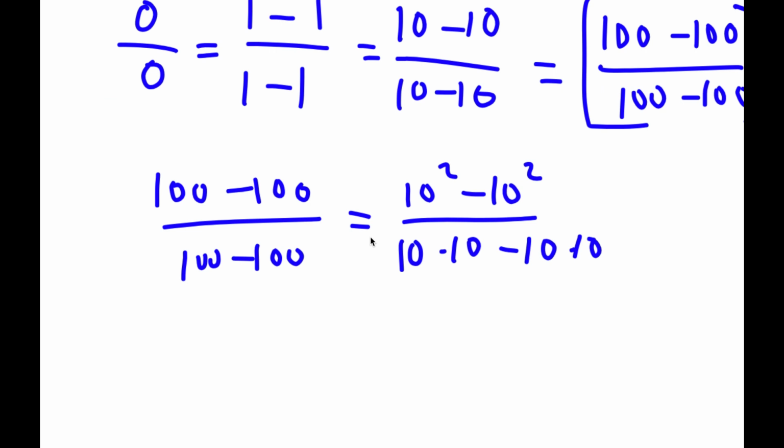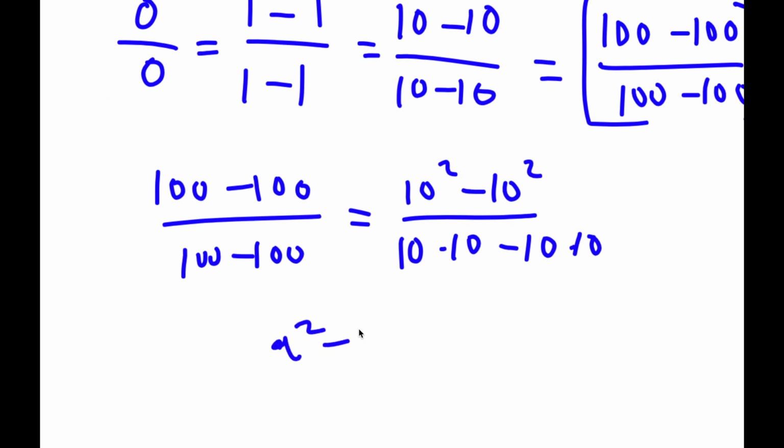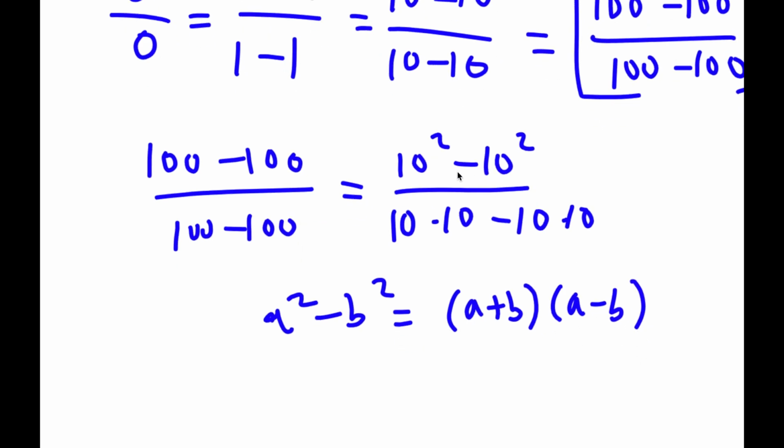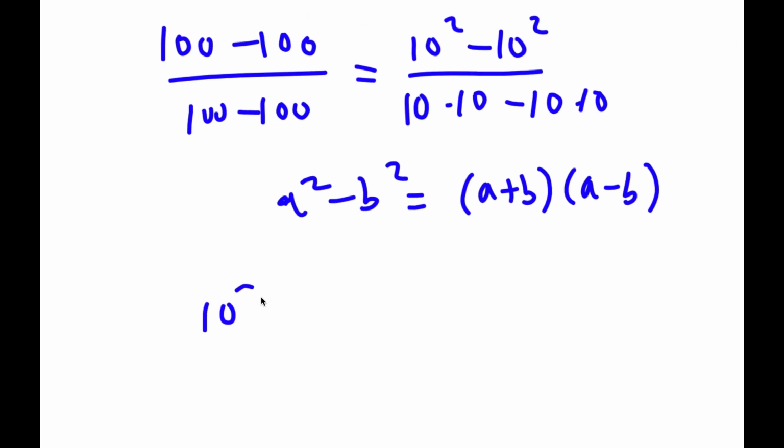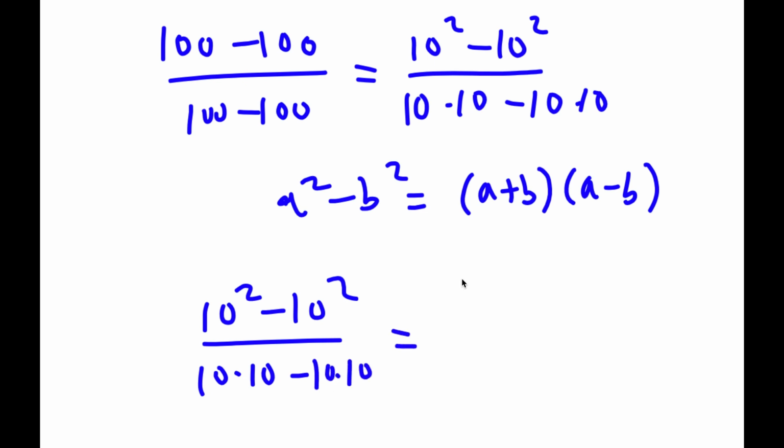However, now, if I have something in the form a squared minus b squared, this is equal to a plus b times a minus b. So 10 squared minus 10 squared over 10 times 10 minus 10 times 10, the numerator is going to equal 10 plus 10 times 10 minus 10.